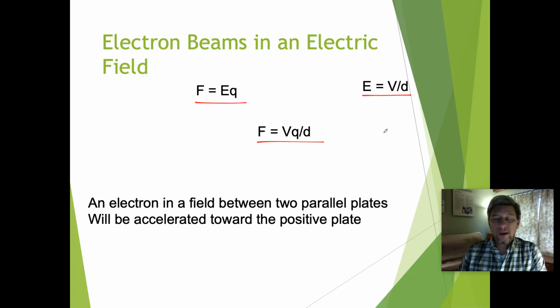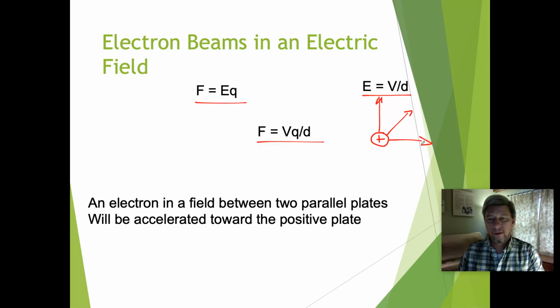Now, this is essentially around a positive charge. If we have an electric field going off in these directions, remember, the arrows point in the direction of what would happen to a positive test charge. But notice that the density of the field lines is greater here than it is here.